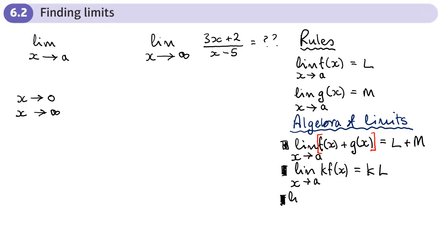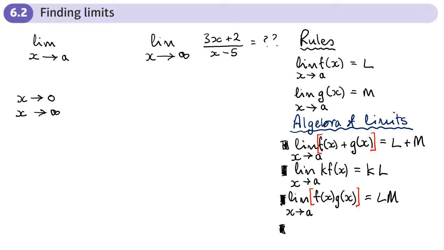Okay, last one. Let's say that I've got the product of my functions f and g. Okay, so let's put that there. So working out the limit as x tends to a of those two functions multiplied together, and you can probably work out that it's going to be their limits multiplied.